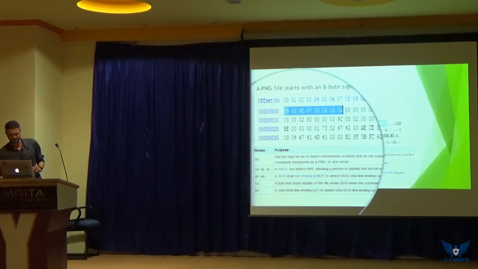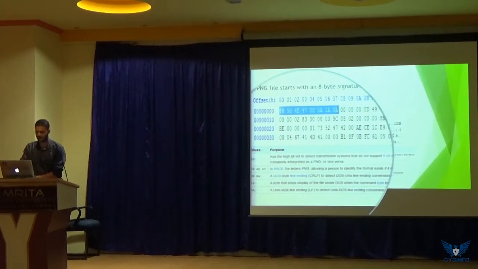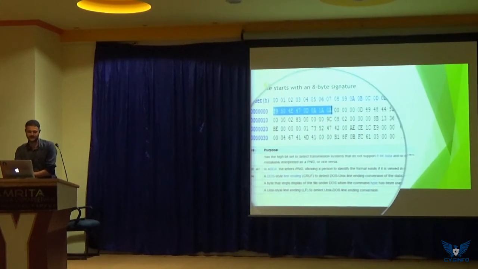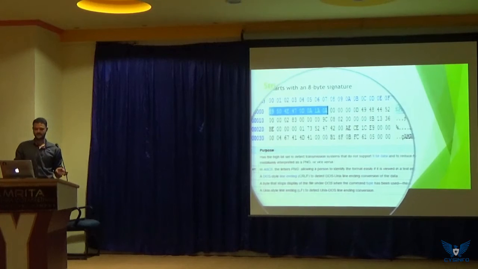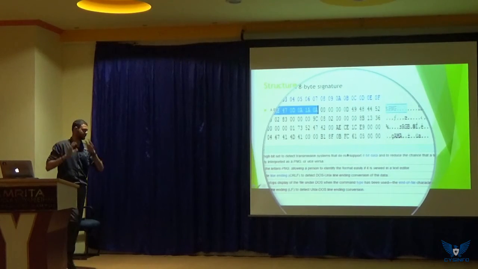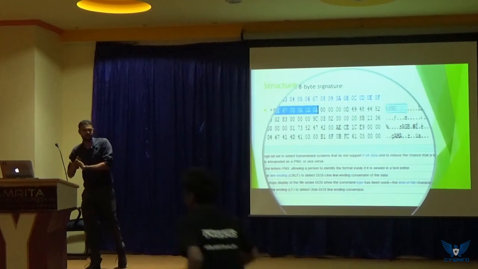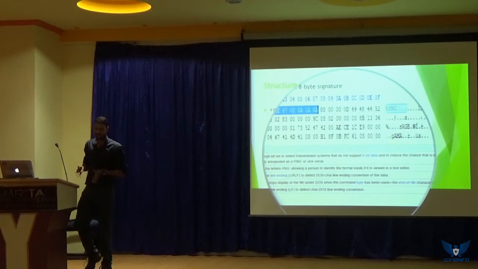Then 1A. This byte stops display of the file under DOS when the type command has been used; it is the end-of-file character. So it's just a simple end-of-file character which indicates to the reader or interpreter that the file has ended.